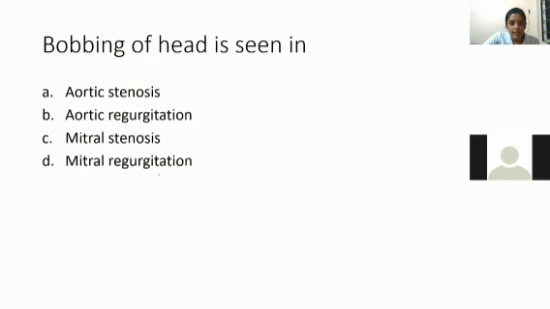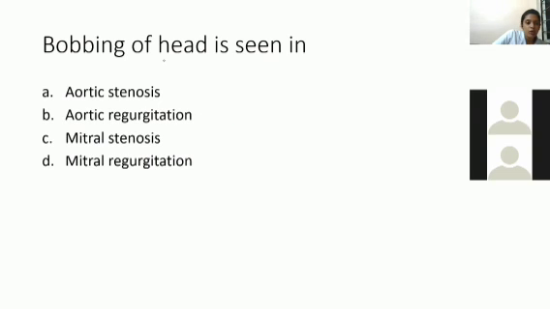Bobbing of head is seen in aortic stenosis, aortic regurgitation, mitral stenosis, or mitral regurgitation? Can anyone answer? Yes, your answer is right: aortic regurgitation.